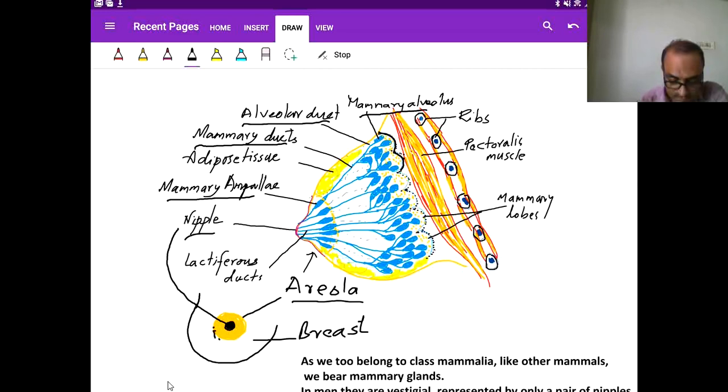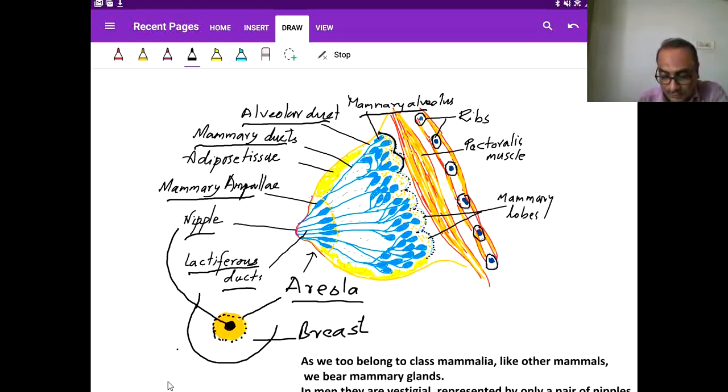This is the areolar region, nipple, and this areolar region inside contains the mammary ampullae, and from each mammary ampulla a duct arises and opens into the nipple, and that duct is called the lactiferous duct.